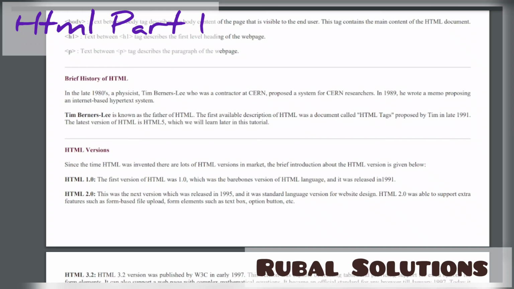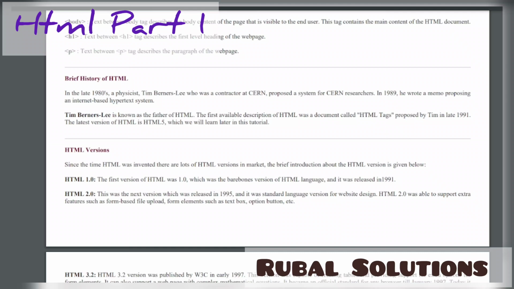Tim Berners-Lee is known as the father of HTML. The first available description of HTML was a document called HTML Tags, proposed by Tim in late 1991. The latest version of HTML is HTML5, which we will learn later in this tutorial.